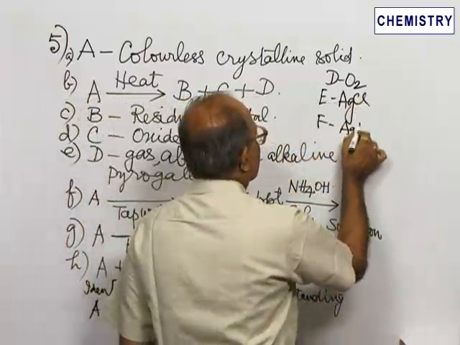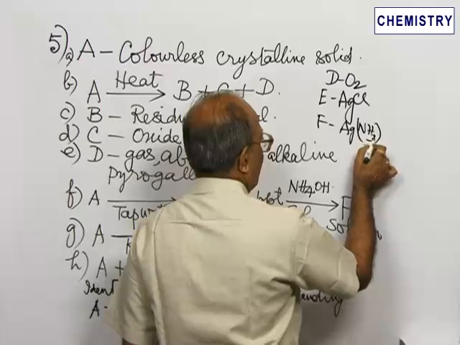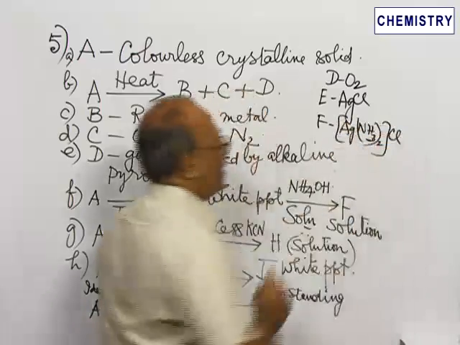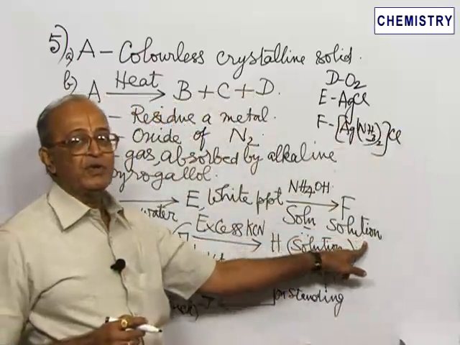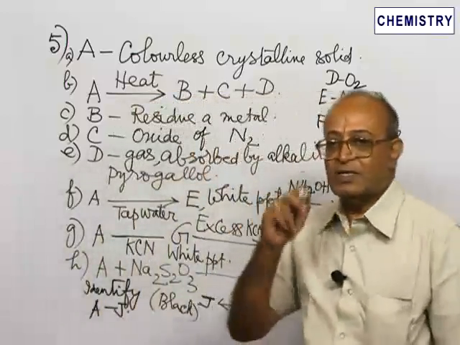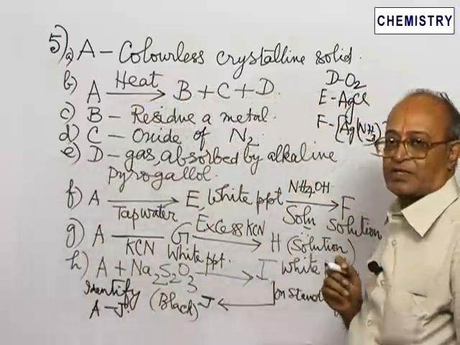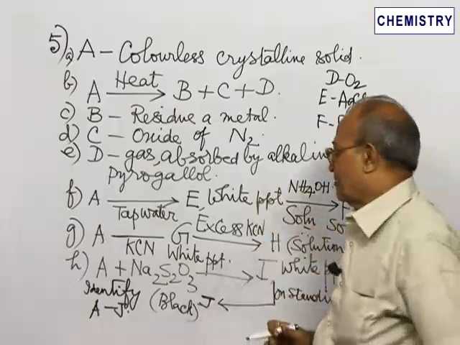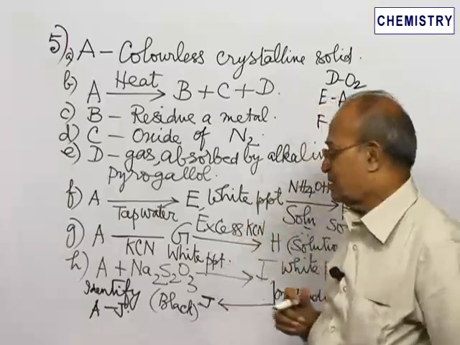This F is therefore this complex, which is a solution. E is a precipitate, but E dissolves in ammonium hydroxide to form this complex, which is present in the solution. All right. So, these reactions indicate the presence of some silver salt.